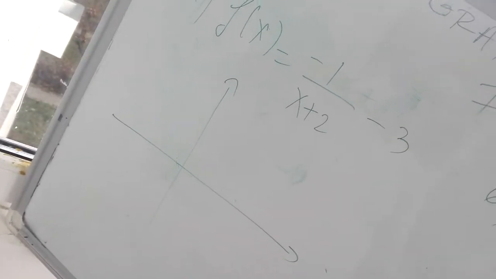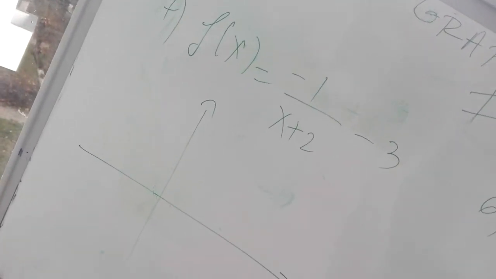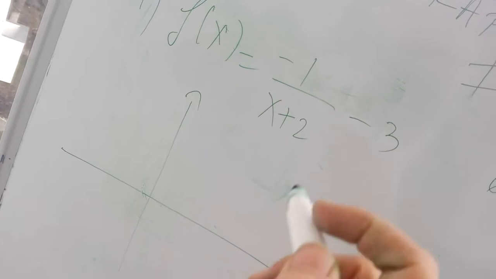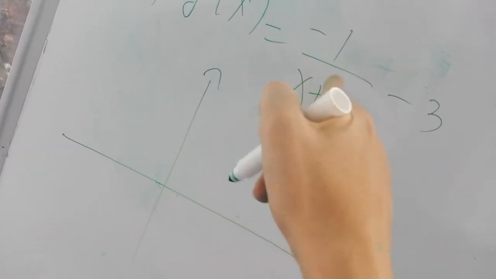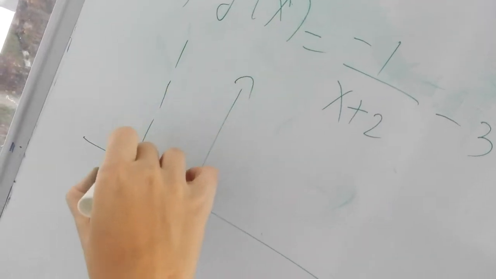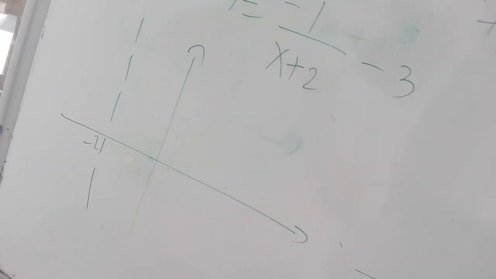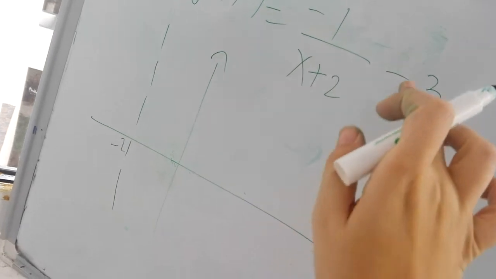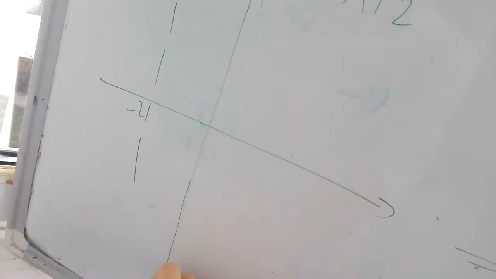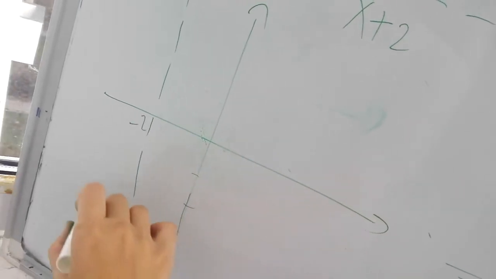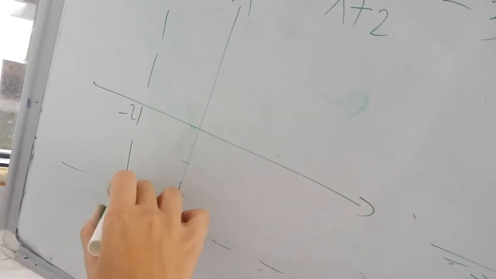There you go. So if I have a hyperbola, and this bottom will generate a VA, a vertical asymptote in -2, because -2 will make this equal to 0. And this -3 will generate an HA, a horizontal asymptote over here, -1, -2, -3. Okay, so these are my asymptotes.